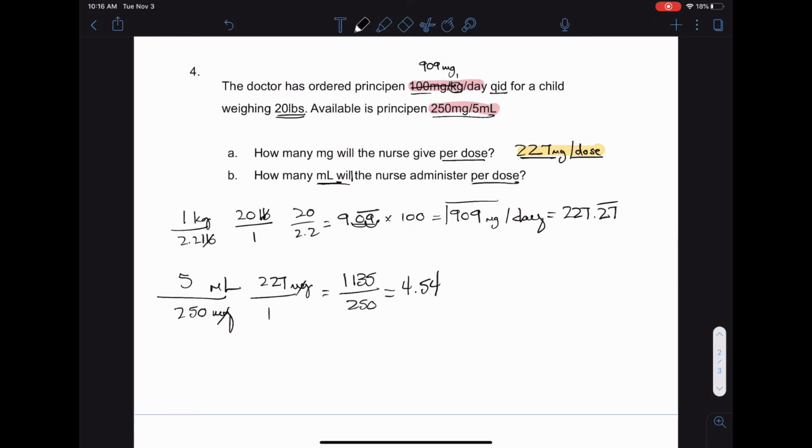For this one, per mil, that makes sense too, right? Because 227 is just under 250. And for every 250, so 5 mils, that's 250 milligrams. So just under 5 mils makes sense, right? So let's go ahead and do that to the tenth place. Let's say we're going to give 4.5 mils.